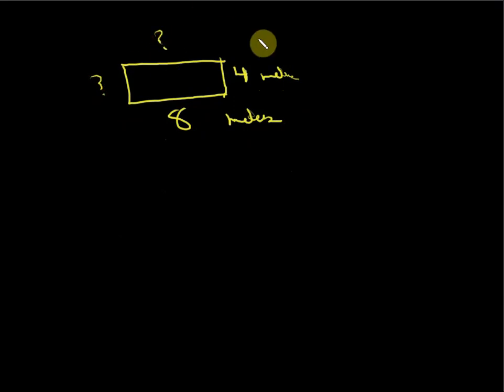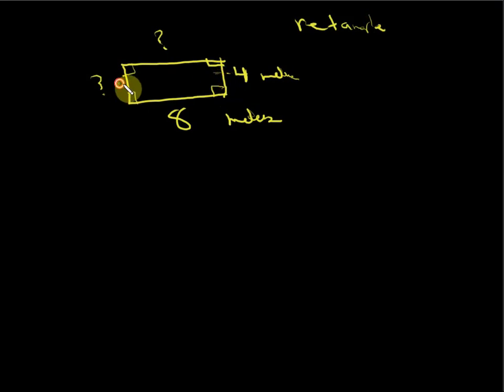Well, if we say it's a rectangle, we know that the angles are all 90 degrees, and we should know that one side is equal to the opposite side.